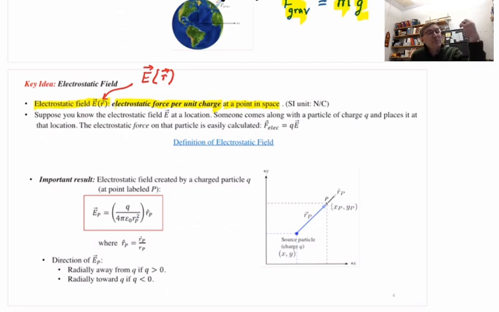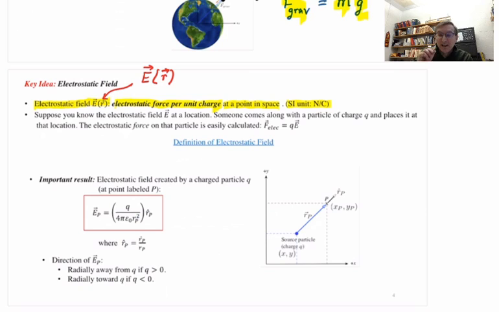And if gravitational field was gravitational force per unit mass, with unit of Newton per kilogram, then electrostatic field, as electrostatic force per unit charge, has to have an SI unit of Newton per coulomb. Unit of force divided by the unit of charge. That's the SI unit of electric field, Newton per coulomb.